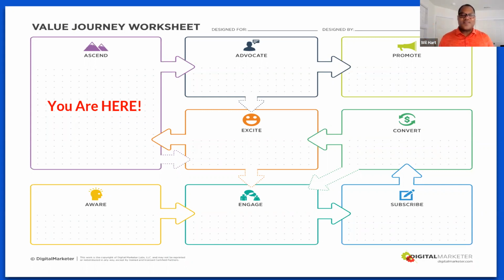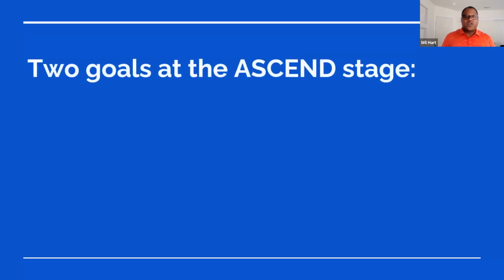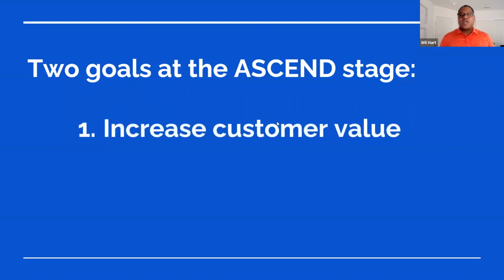Does that make sense? Anybody have any questions about that? I'll tell you, Columbia House and BMG both got me, and it was a great relationship. I loved it. So there are 2 goals at the Ascend stage. One is to increase customer value, which means we as business owners have to give them more value. I mean, if we want them to give us more money and keep giving us money, we keep giving them value.